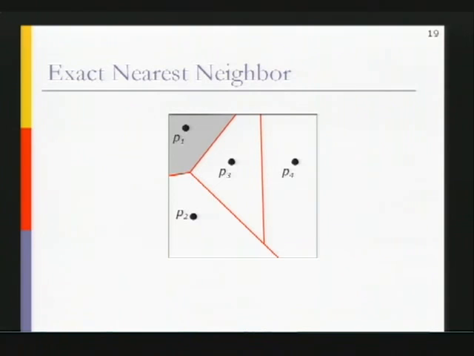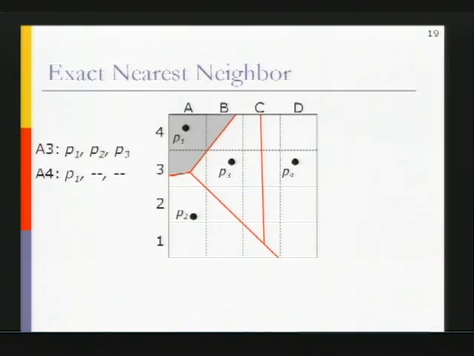On top of this disjoint partitioning, we superimpose the regular grid. And this regular grid will correspond to the PIR matrix that we have. However, this time, we will not have the property that we have one point of interest in each cell. Instead, what we store in each grid cell would be the points whose corresponding Voronoi cells intersect that grid cell. So let's take an example here. Cell A3 lies at the intersection of the three Voronoi cells corresponding to P1, P2, and P3.